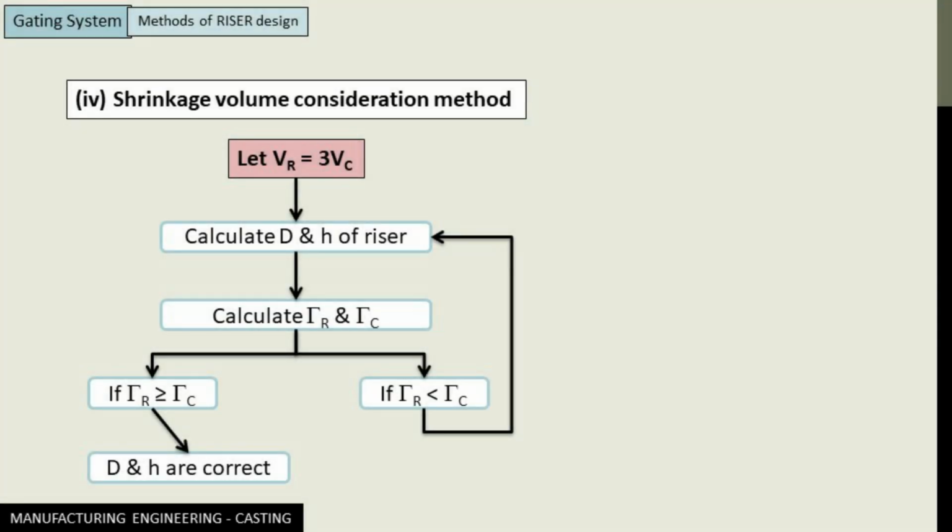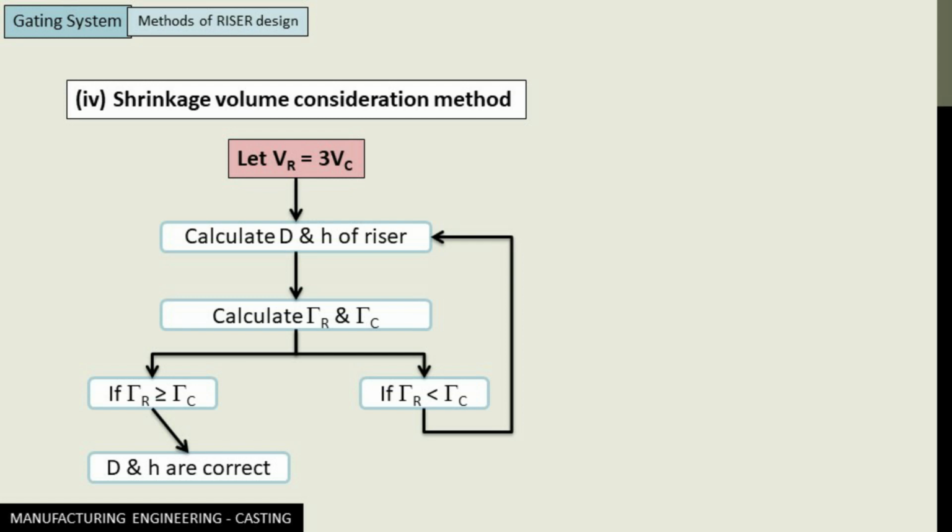And last but not the least, we have the shrinkage volume consideration method for riser design. For this, we first consider the volume of the riser as 3 times the volume of the casting. Then we calculate the diameter and the height for the riser.